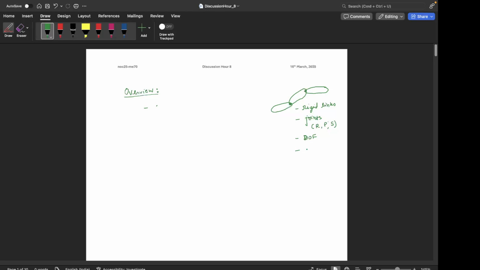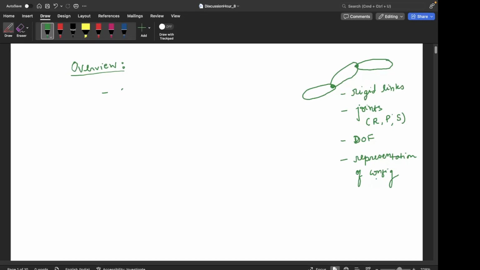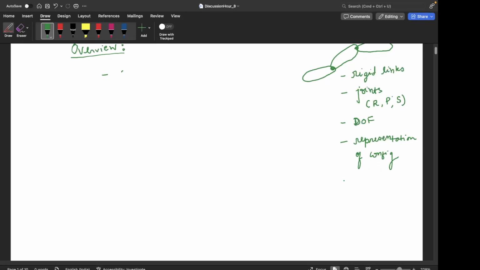Now, after that, we discussed the different spaces for representation of configuration. We discussed the joint space and the Cartesian space, which we will revisit once again in this discussion as well.